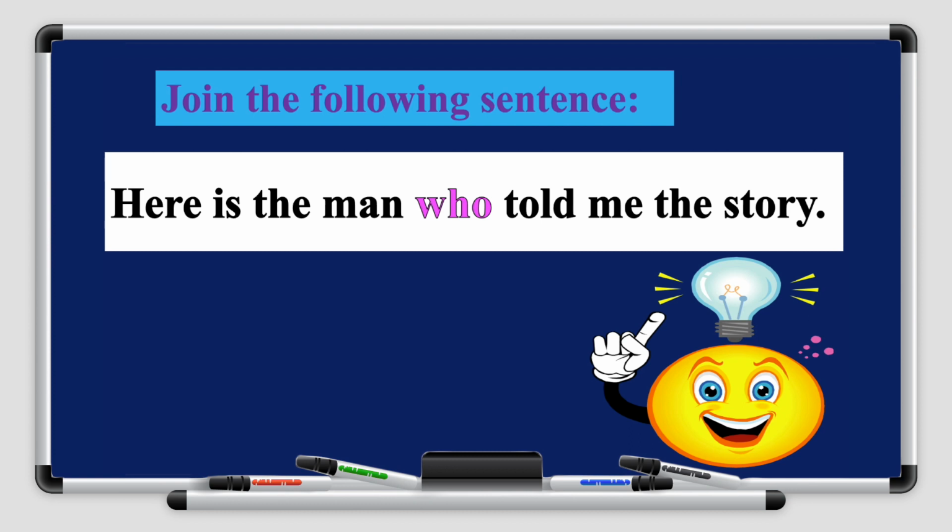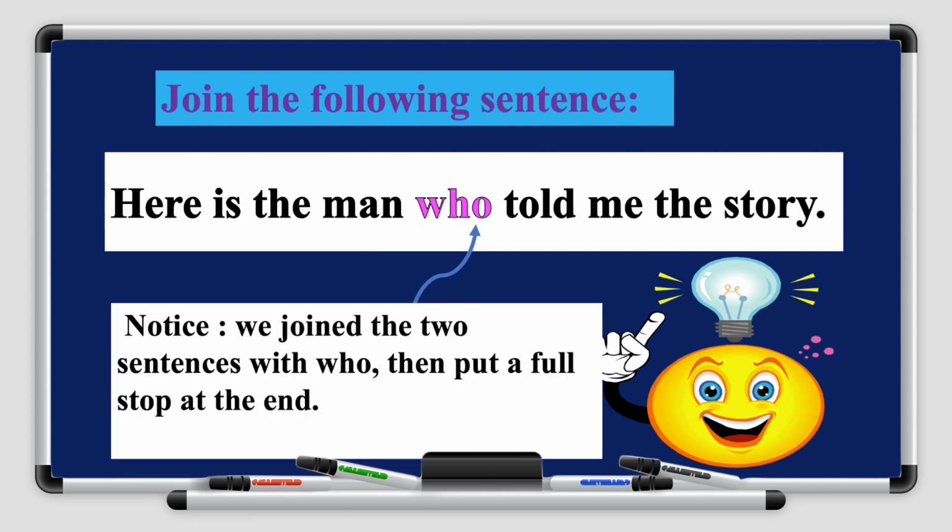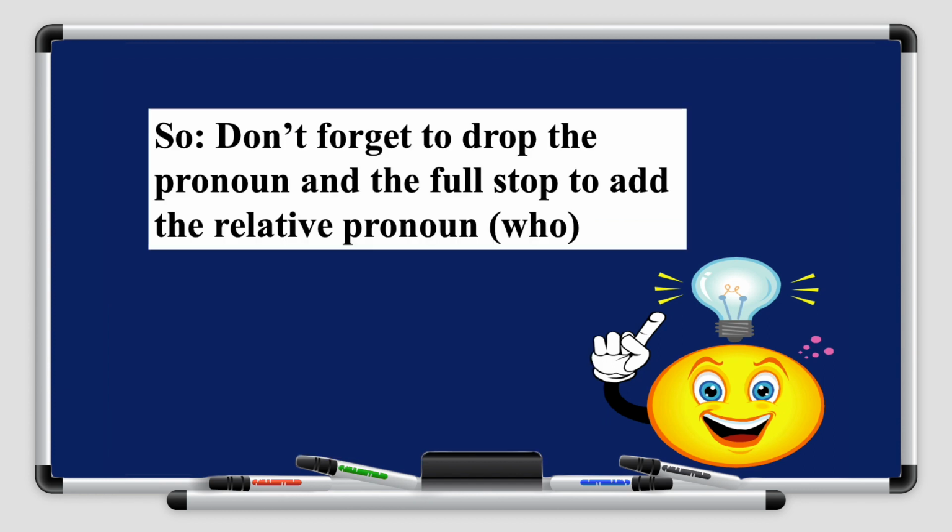We used who. Why? Because of the man. The man is people, and we use who for people. Notice we join the two sentences with who, then put a full stop at the end. So don't forget to drop the pronoun and the full stop to add the relative pronoun who.